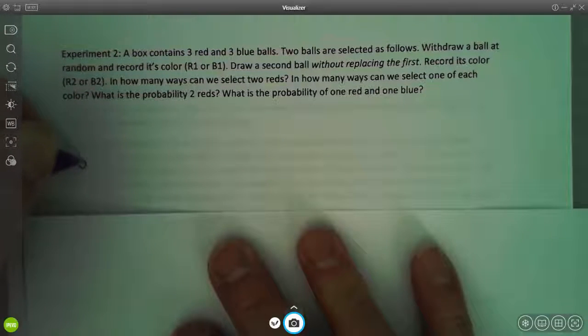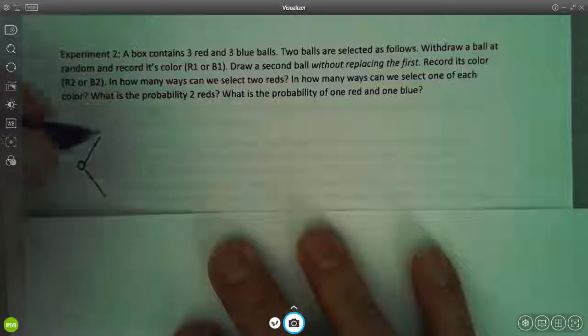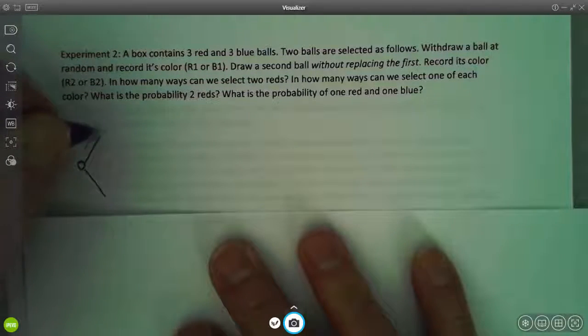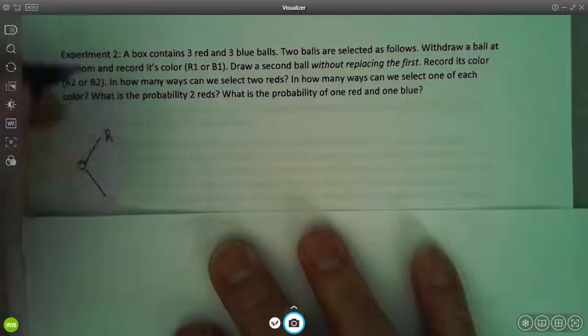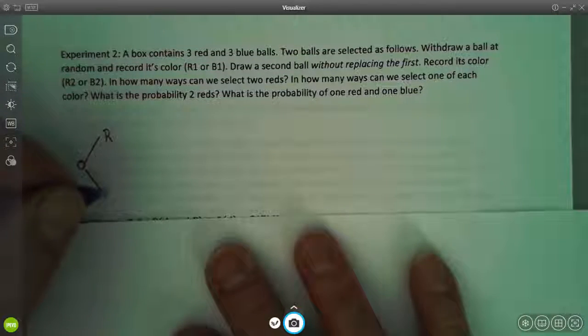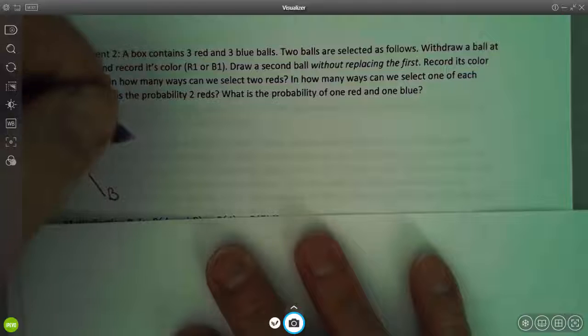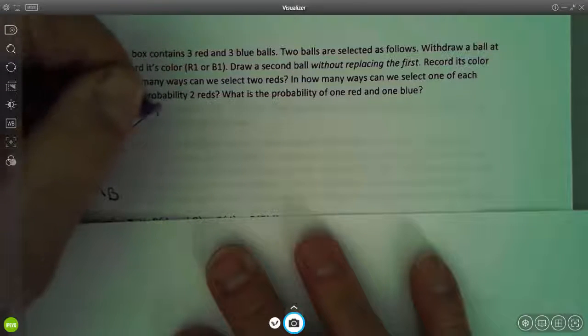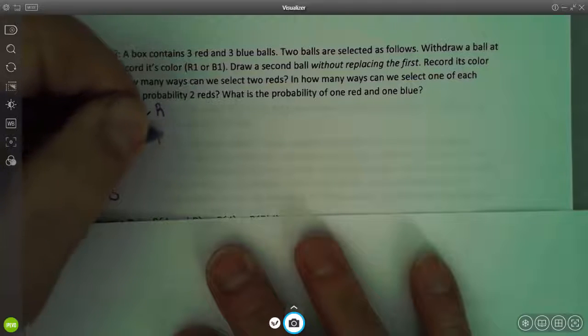So the idea now is we have a starting point. Then we're going to draw out one ball at random, and the only thing in here are red and blue. So you'll get either a red or you'll get a blue. And then once again, you draw a second time and get a red or a blue.